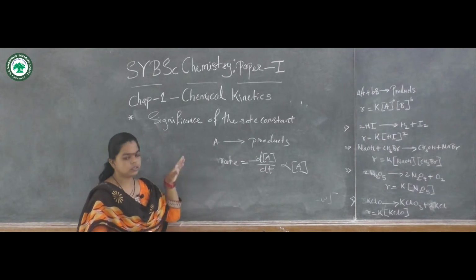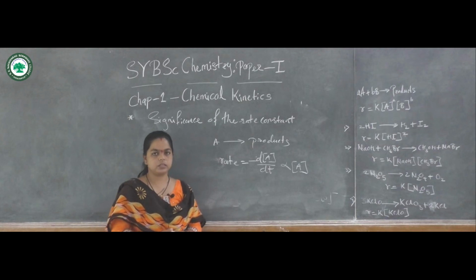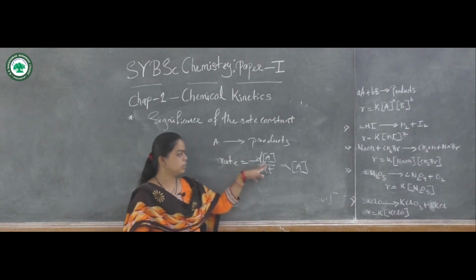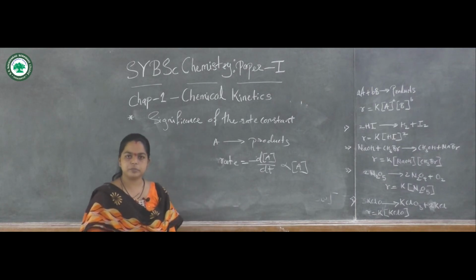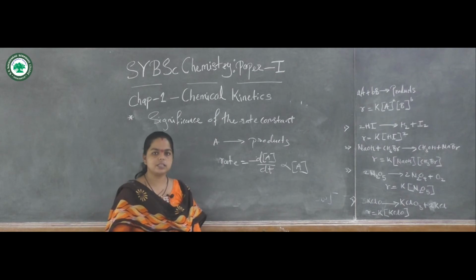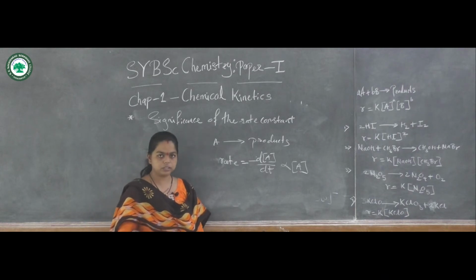If we consider the significance of the rate constant, for the general reaction A gives product, the rate can be given as minus d[A]/dt directly proportional to the concentration of A. The minus sign indicates the decrease in the concentration of the reactant. So this is the basic equation for the rate constant.